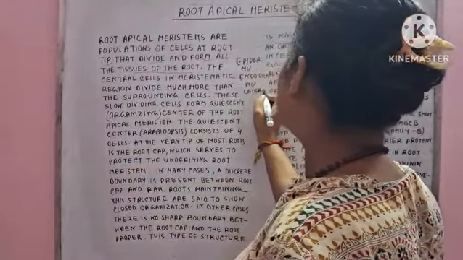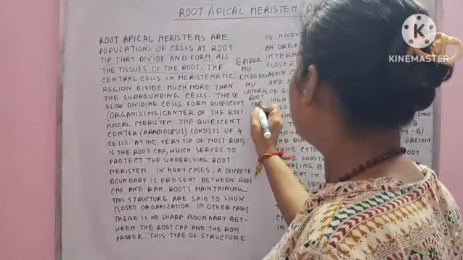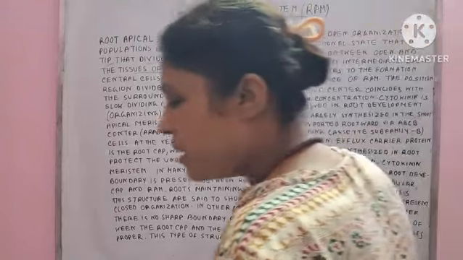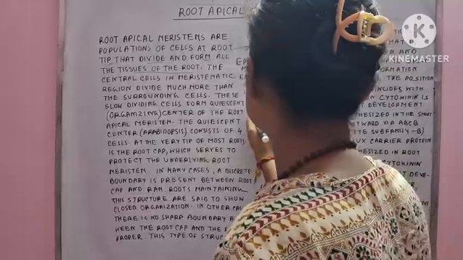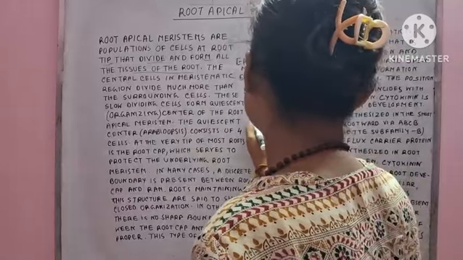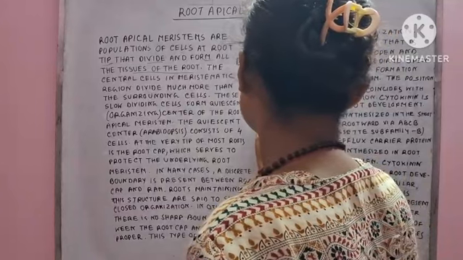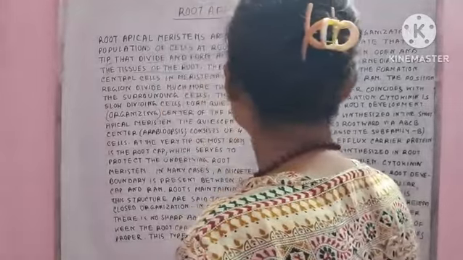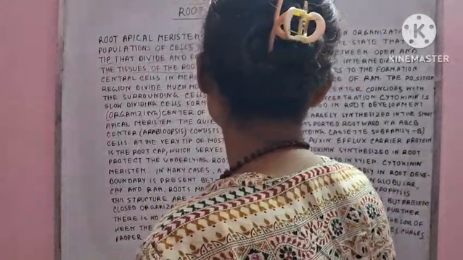Fourth one is the quiescent center. And the last one is the columella.